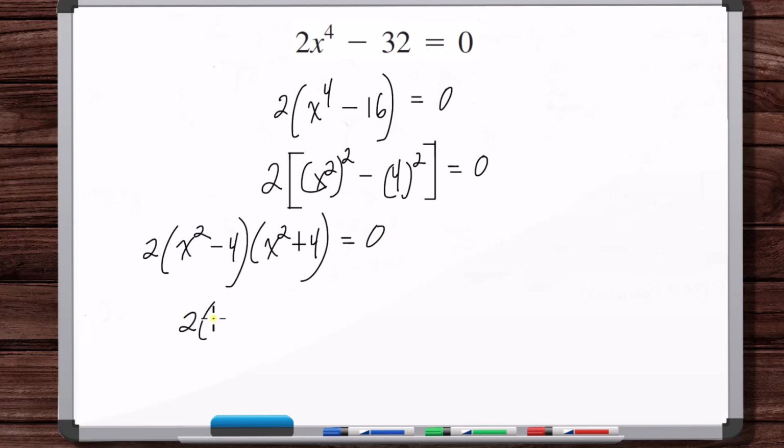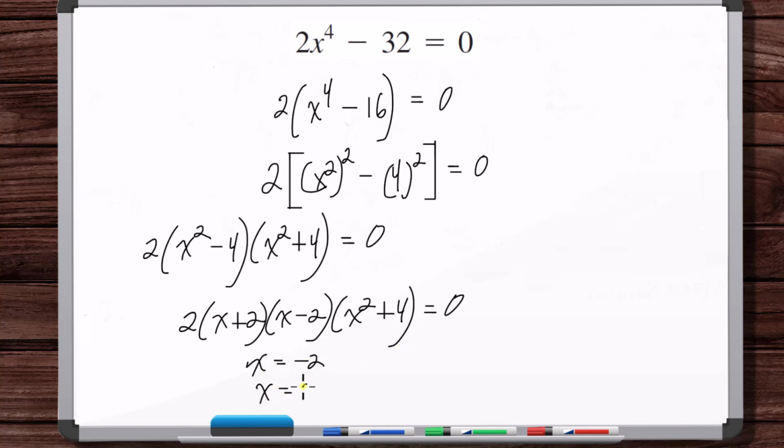Now we have another difference of 2 squares again. All right, there's no real number that when you square it and add 4 to it you get 0. So the only solutions are going to be there.